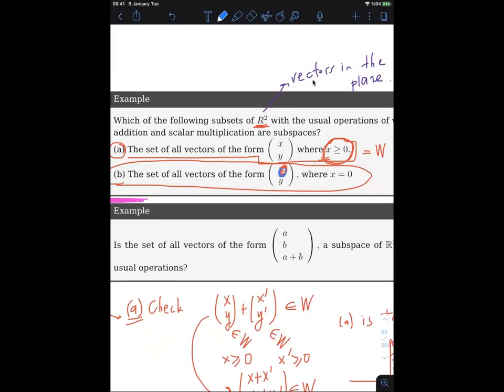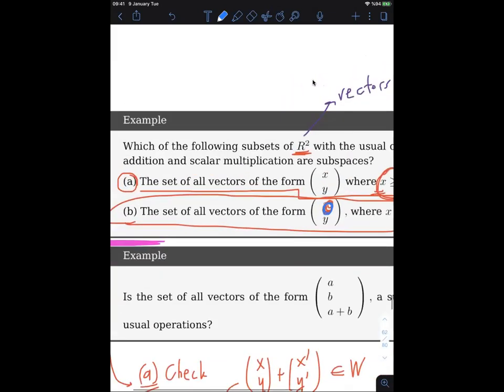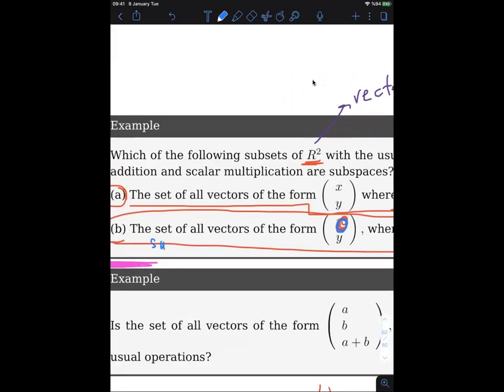And if you multiply these vectors by scalars, the result is still of this form, because c times 0 is 0. So part B is a subspace, and part A is not a subspace.